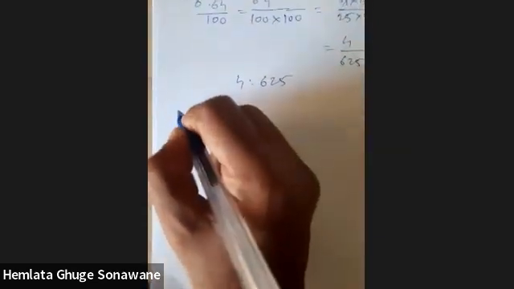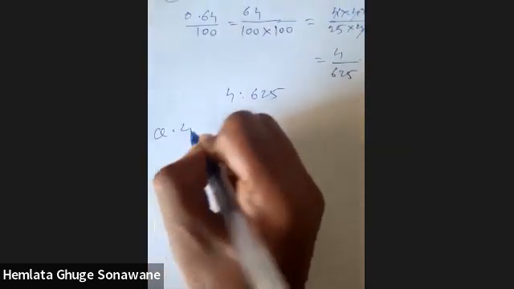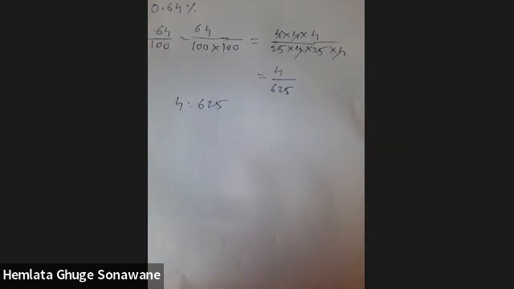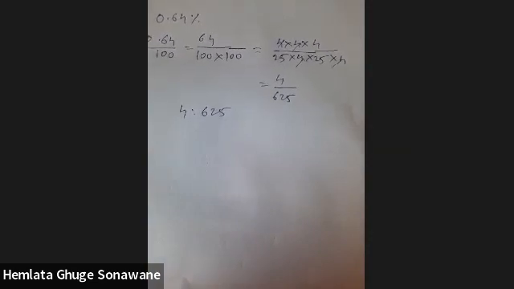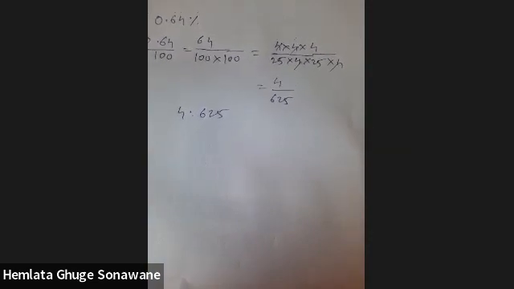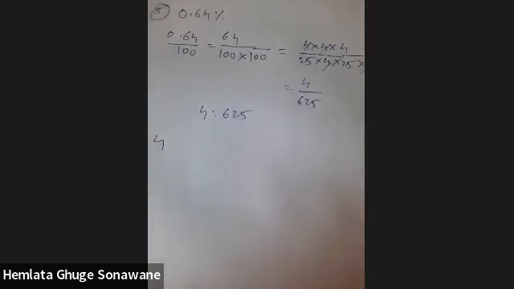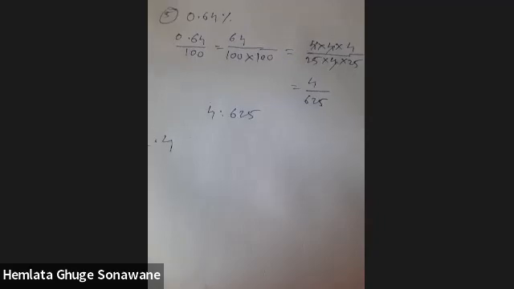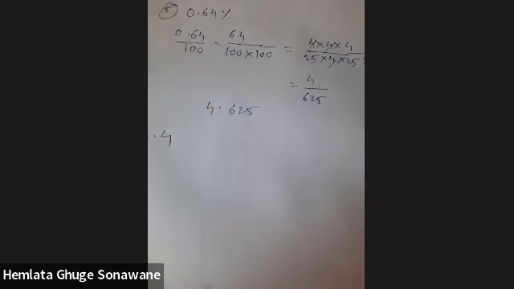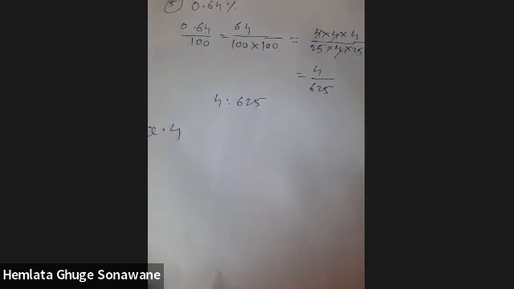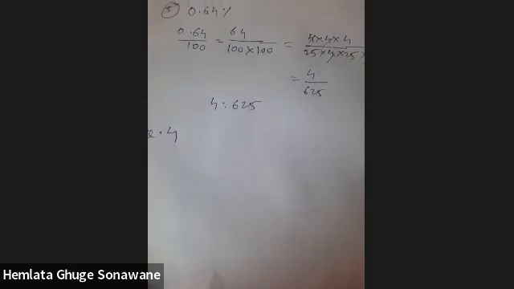Take the next question, that is question number 4. 3 persons can build a small house in 8 days. To build the same house in 6 days, how many persons are required? Now here the number of persons and the number of days required to build a house is given. Therefore, the product of the number of persons and the number of days is constant.